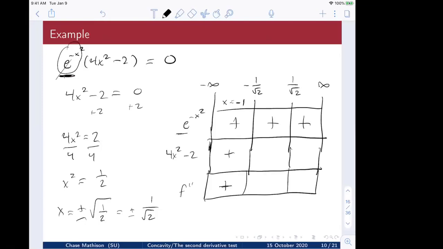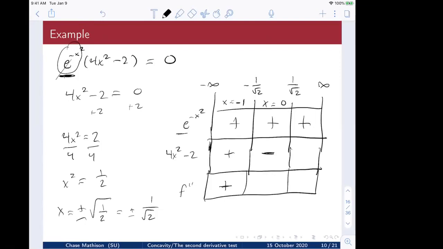Okay. What test value should I pick between minus 1 over square root of 2 and plus 1 over square root of 2? Yeah, x equals 0. Very good. So what sign does 4 times 0 squared minus 2 have? Negative. It is negative.